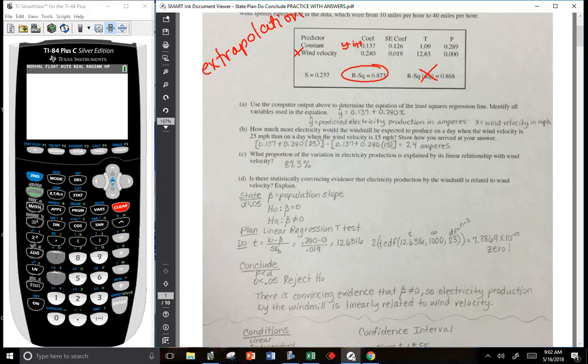So for 0.5 to 0.8, it's what? Wait, from 0.5 to 0.8 is moderate. Oh, 0.8 to 1 is strong. This is R, you're correct.